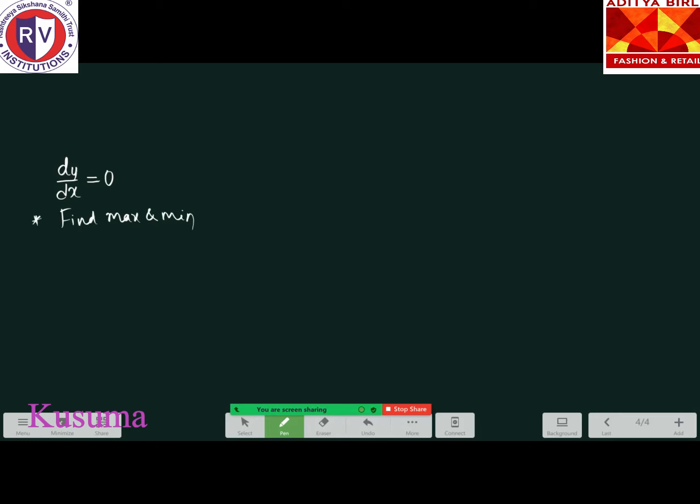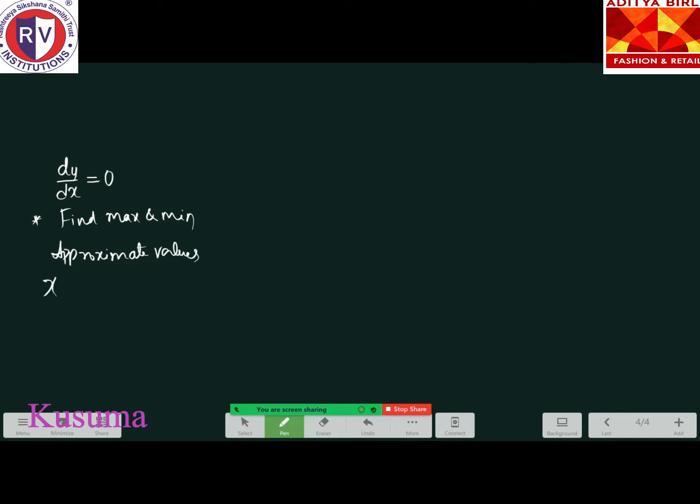And there is another application where derivatives can be made use in order to find out the approximate values of a quantity. Okay, you can find out the approximate values. Now we have x, and the value of x is something.